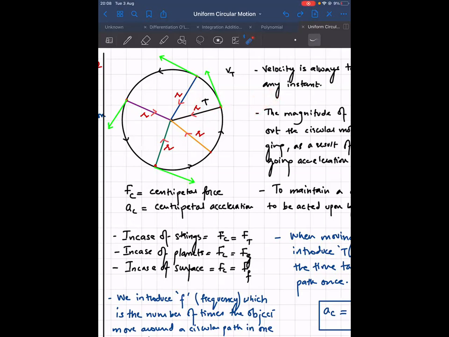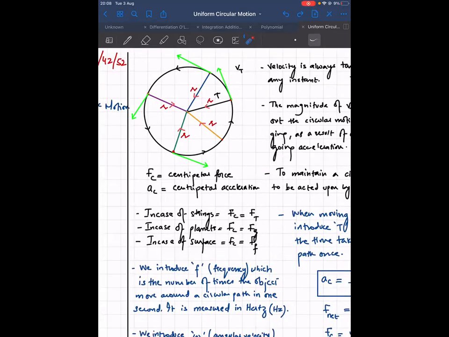Like for example, if you talk about planets, the planets are moving around the sun in a circular motion. There you don't have any string. So in case of a string, the centripetal force is going to be different, and in case of planets, it's going to be different. It's actually the force of attraction.